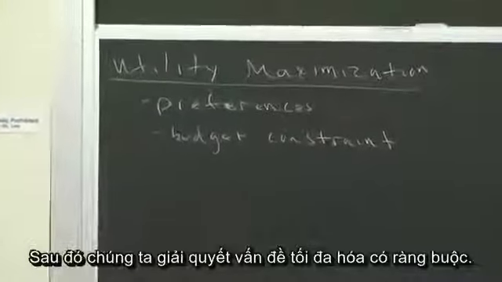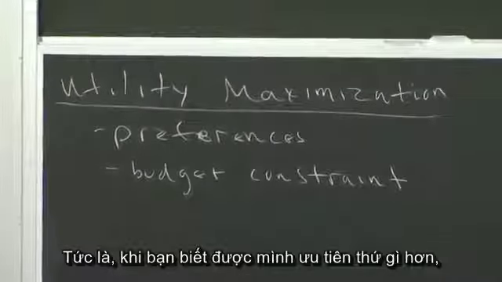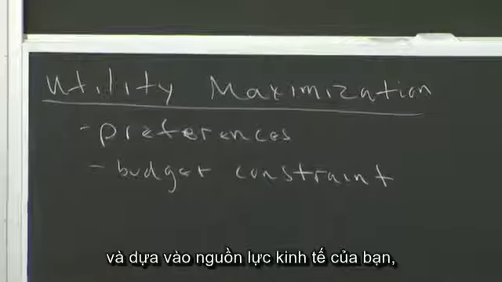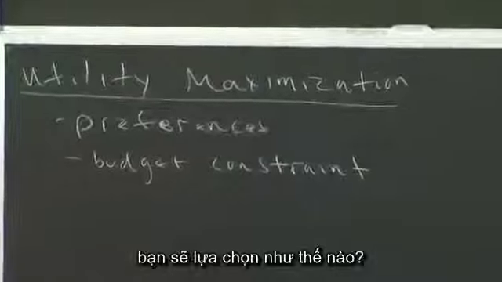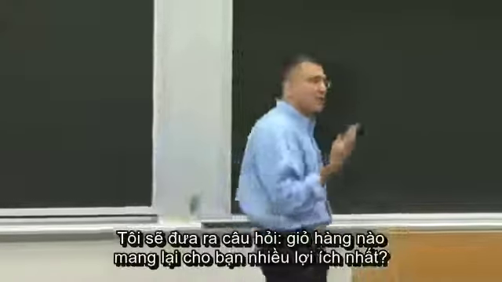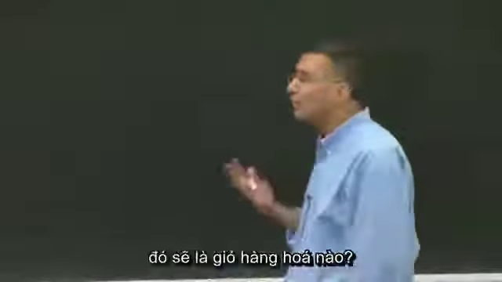And then we do a constrained maximization problem that says, given your preferences, given what you'd like, subject to the resources you have available, what choices will you make? In particular, we're going to ask, what bundle of goods makes you the best off?